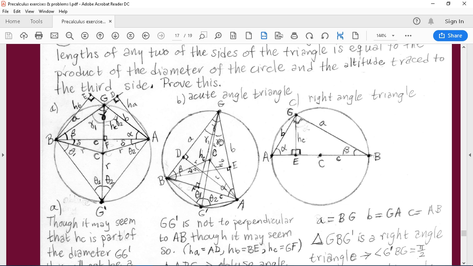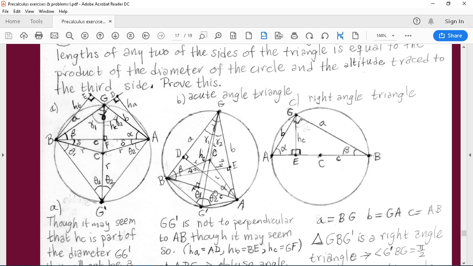So gamma 2 and theta 2 are also complementary. Those are the most important triangles to be considered in this problem. So let's see what information we can obtain from these triangles.